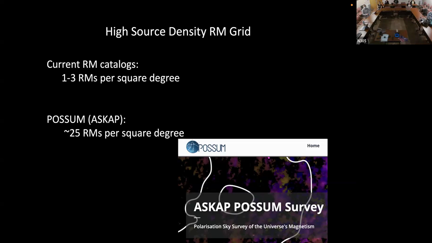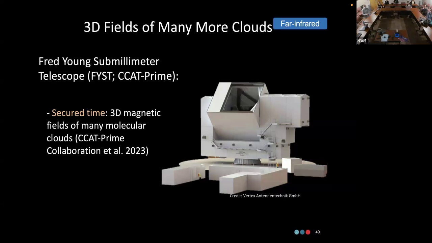So this large structure, the 3D magnetic field that I showed, we can not only observe the 3D magnetic fields for many more molecular clouds, we will also be able to resolve details that we were not able to resolve before. And to keep up with these, we need better high-resolution plane-of-sky magnetic field observations.